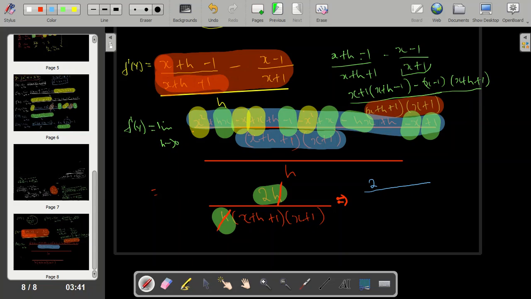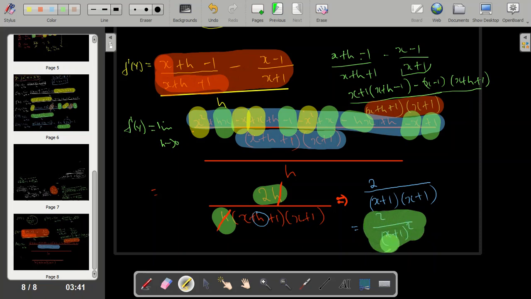Where there is h we put a 0, so it will be x plus 0 plus 1, which will just be x plus 1, then x plus 1. So if we want, we can even say this is 2 over x plus 1 squared, because we have got 2 of those things. So this is our final answer.